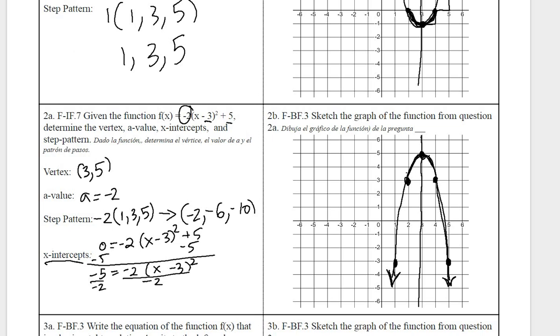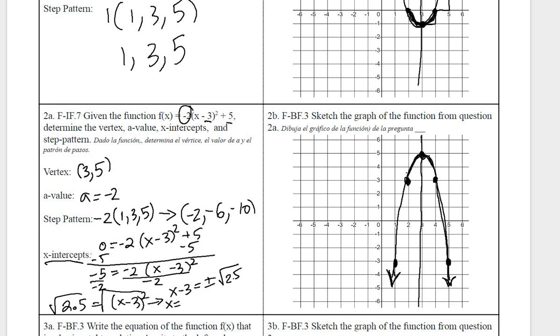I get 2.5 equals (x minus 3) squared. I take the square root of both sides. I get x minus 3 equals plus or minus the square root of 2.5.